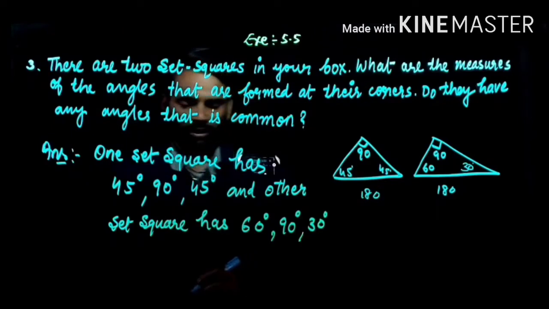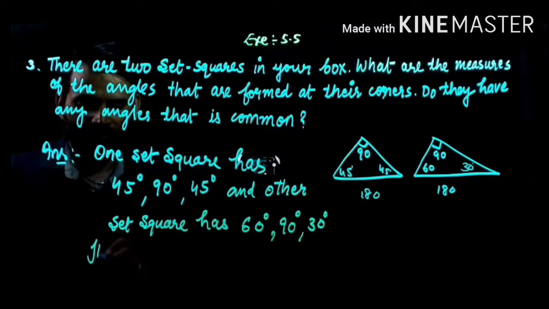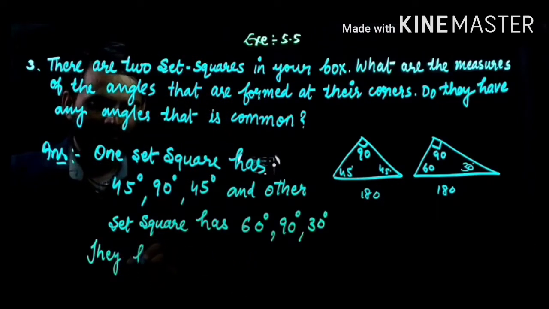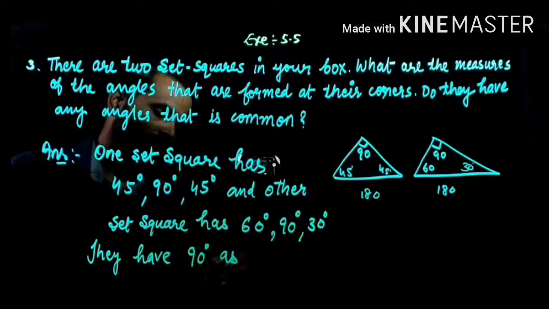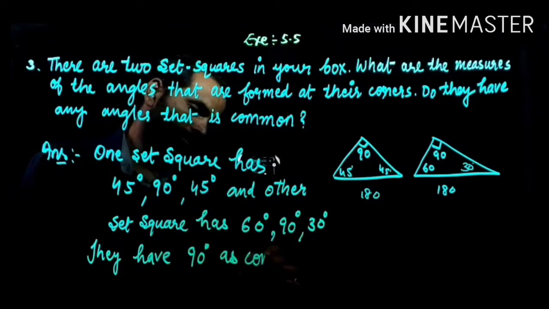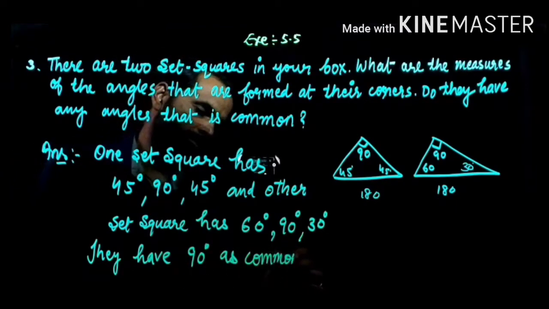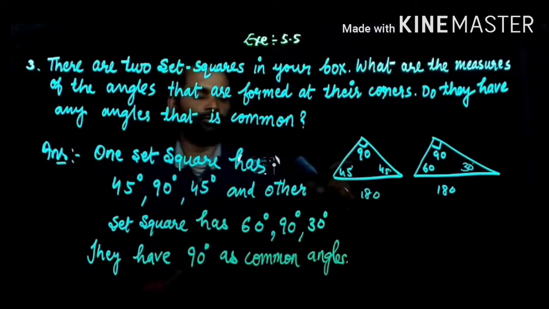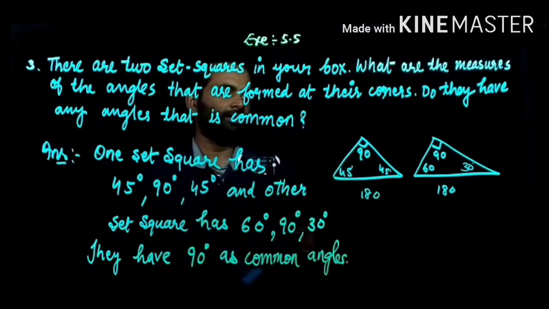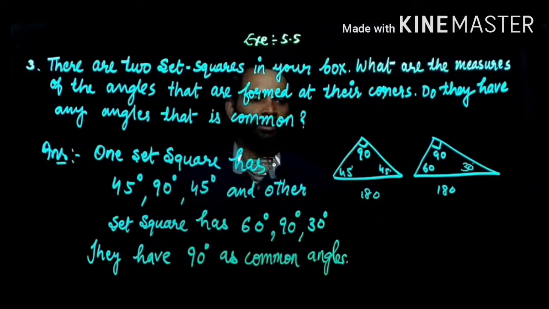Okay, and they have angle 90 as the common angle. The two set squares in the geometry box have angles 45 and 90, and the second has 60, 90 and 30, and 90 is the common angle.